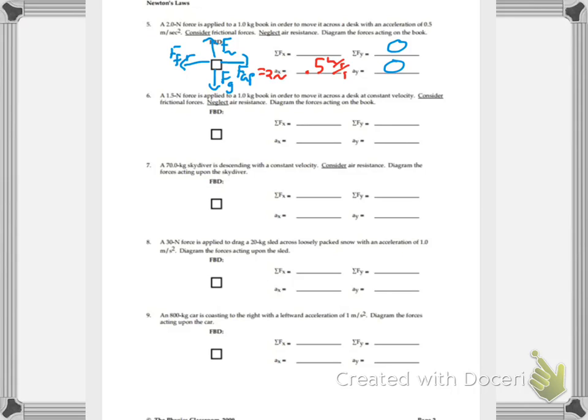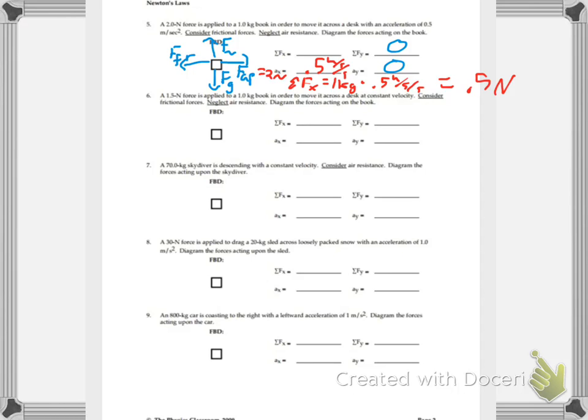So we're going to have the sum of the forces in x will equal 1 kilogram times 0.5 meters per second per second. So multiply 1 by a half. We'll get the sum of our forces in X will equal 0.5 newtons.